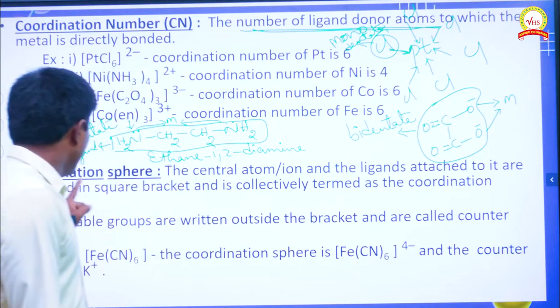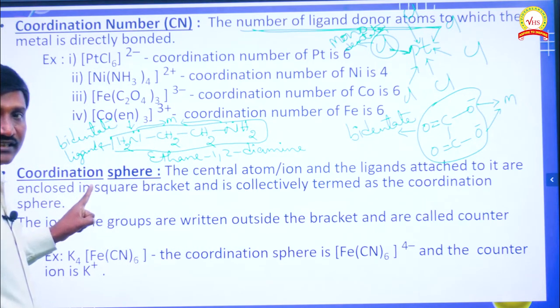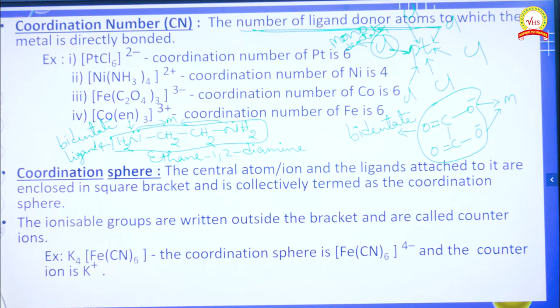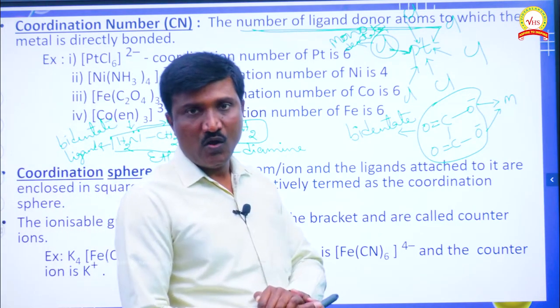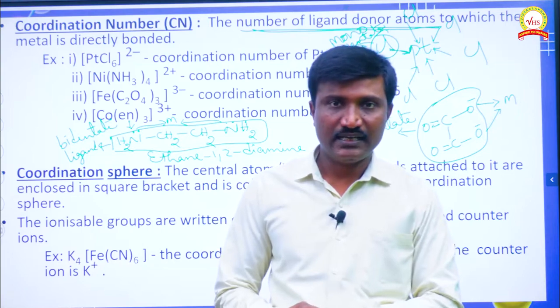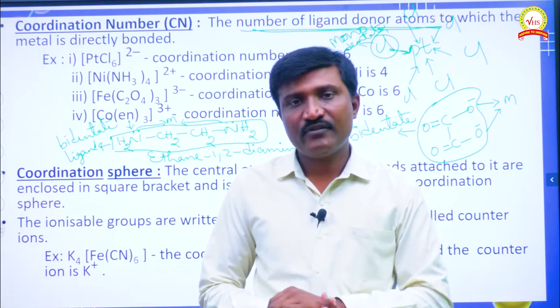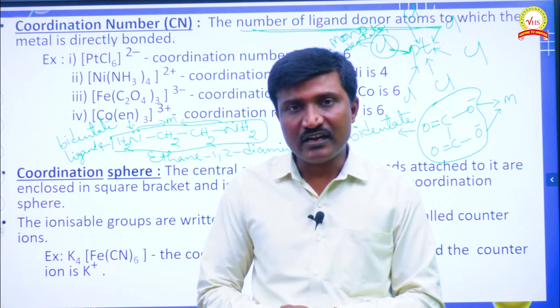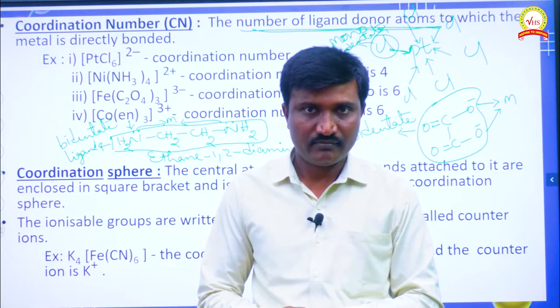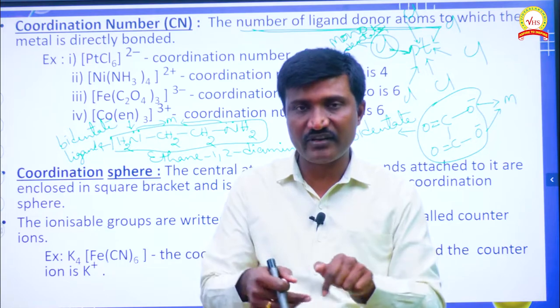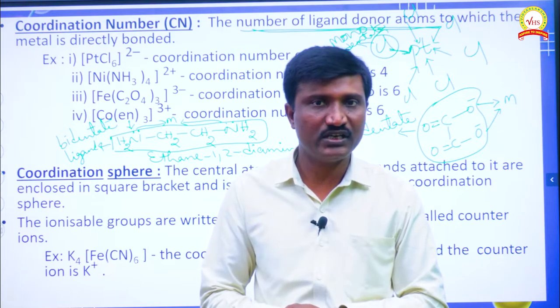Right, now if we take coordination sphere, what does coordination sphere mean? It is the same as coordination entity. What is a coordination entity? The constituents, a fixed number of ions or groups which are bound to the central metal atom, together we call a coordination entity.